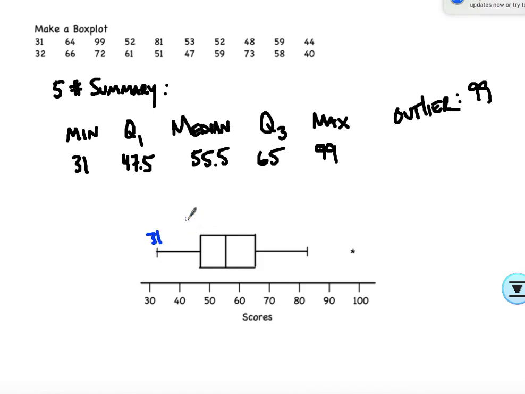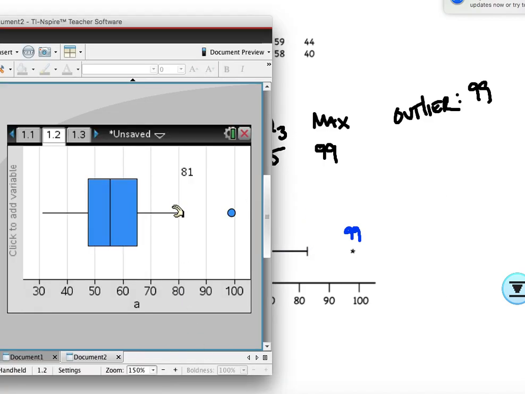So just label it to be safe. Okay. The outlier should be a dot, and then this line would be the next highest number, which on our graph, if you hover over it, says 81.